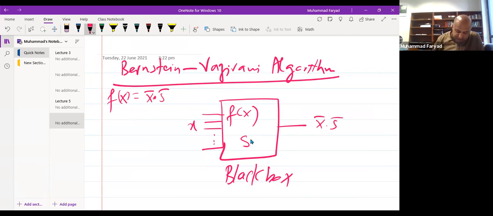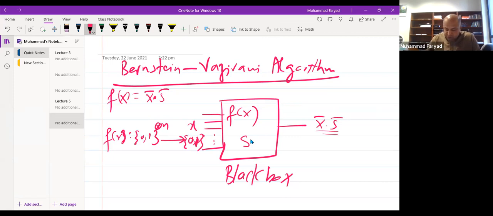So this implements a function f of x from an n-bit input to a 1-bit output. And that 1-bit output is the inner product of this input bit string x and a secret bit string s, under modulo 2.